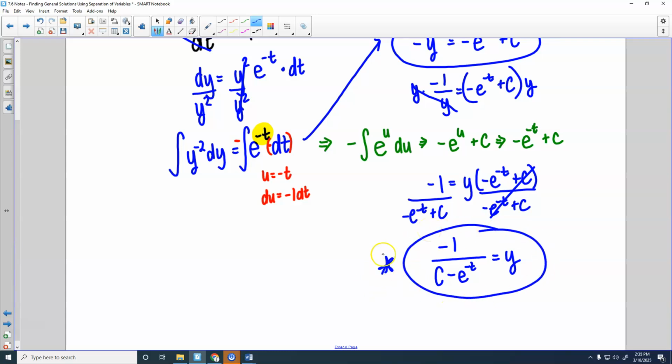I think this is probably what you're more likely to see in the back of the book or in answer choices if it's multiple choice. Okay, questions there?